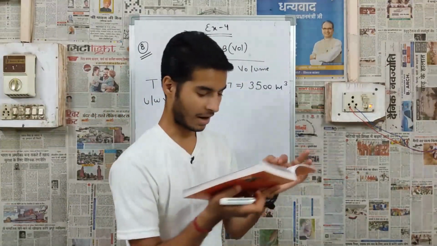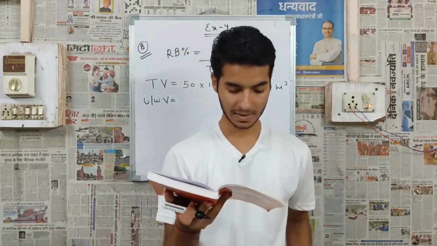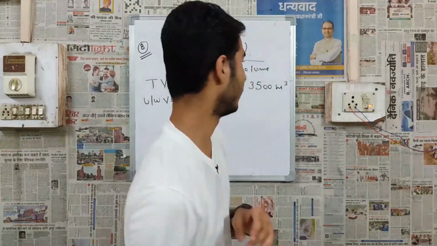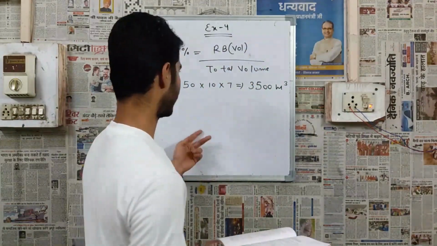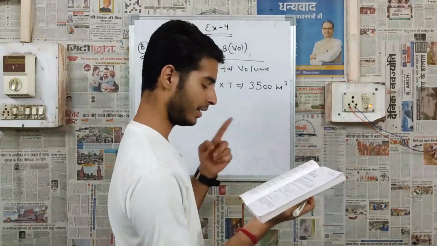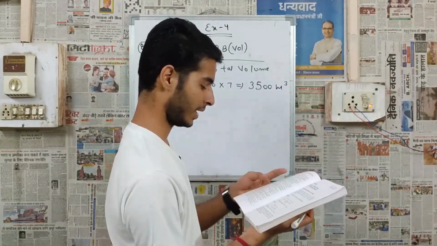Our underwater volume is, now guys, draft is not given but the displacement is given with the freshwater density. So to find the underwater volume, here we are not going to use the draft. We are going to divide this 2000 ton with the freshwater density.